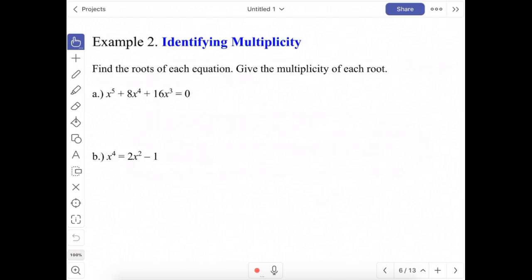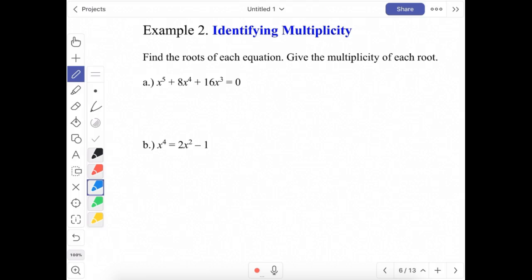Find the roots of each equation, and give the multiplicity. So if I take a look at that first one, this isn't too bad because I can take an x cubed out of everything. So I'd be left with x squared plus 8x plus 16.